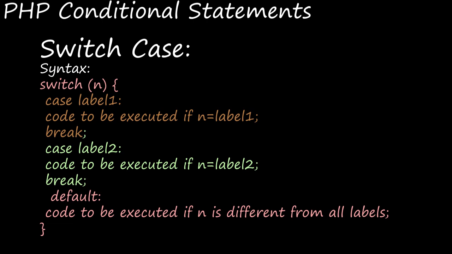Understood? If you are giving case 1, case 2, case 3, and you give some other numbers or letters other than 1, 2, 3, then the statement or code which you have given in this default section will be executed.